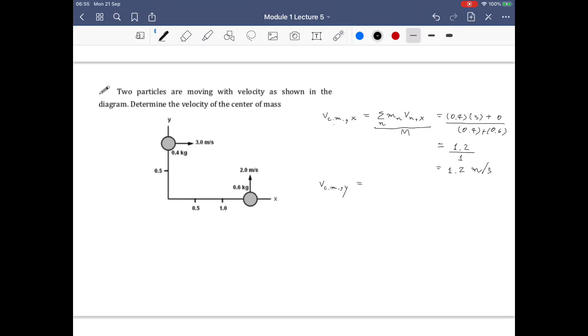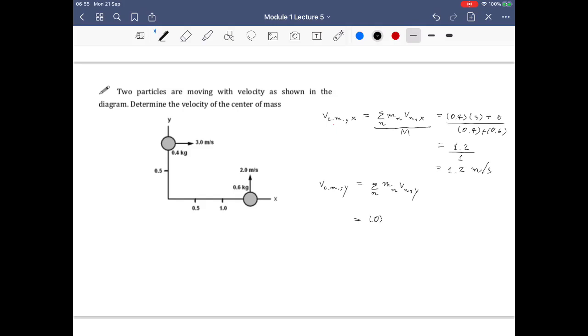Okay, that is the center of mass velocity in the x direction. Now the center of mass velocity in the y direction can be computed similarly. Sum of m_n v_n, but in y. Of course, this one has no component of velocity in the y direction, but this one has.